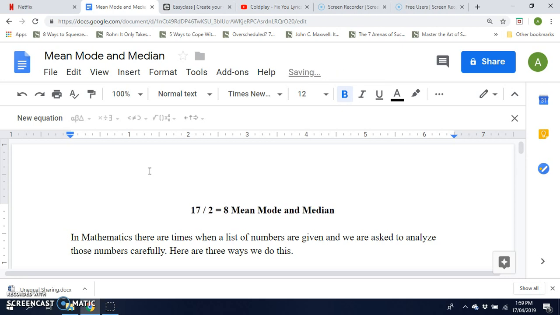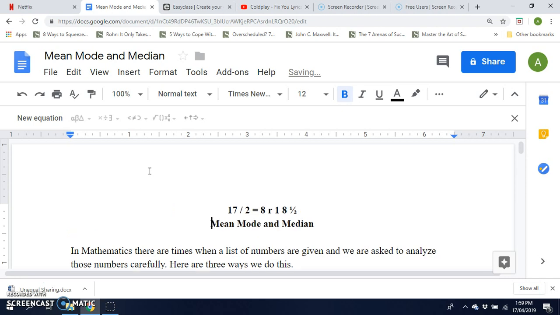We learned it as 8 2s are 16. Remainder is 1, right? That's not what you do. No. The remainder will be 1 over 2. Change it to a mixed number. So it will be 8 and a half, 8.5, right?